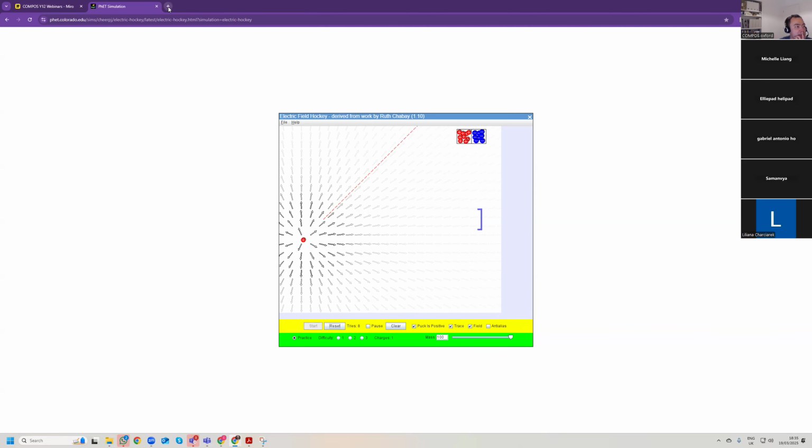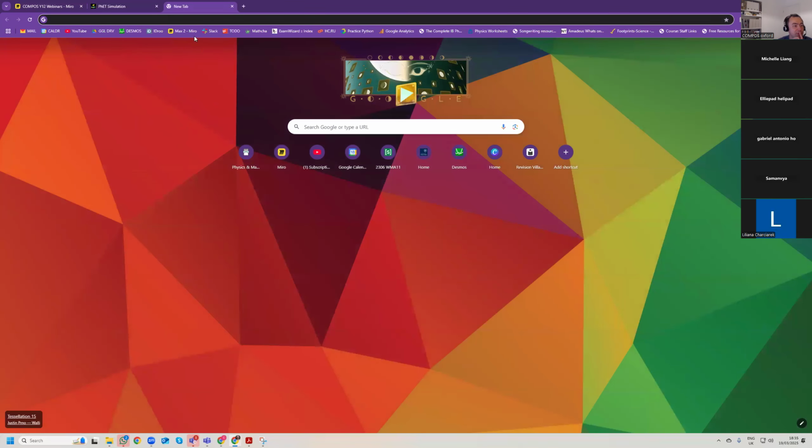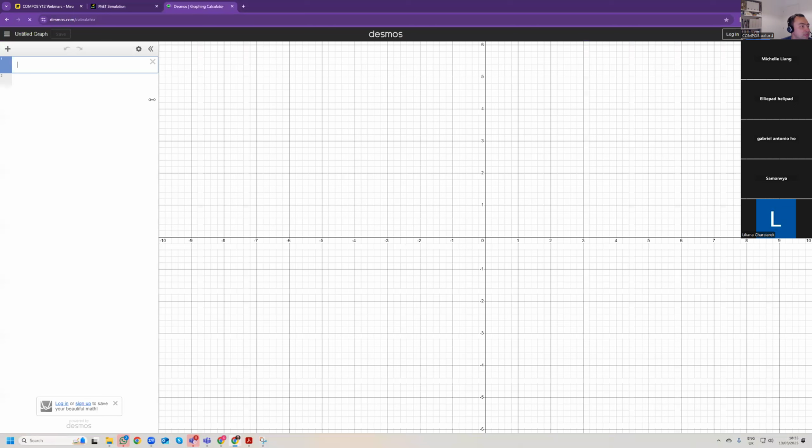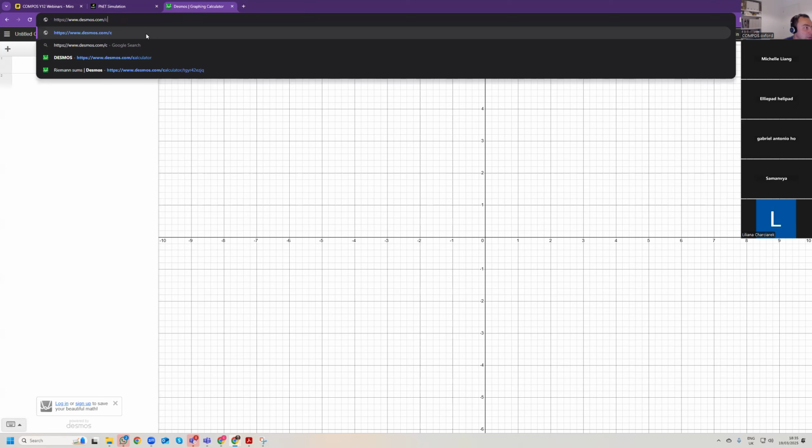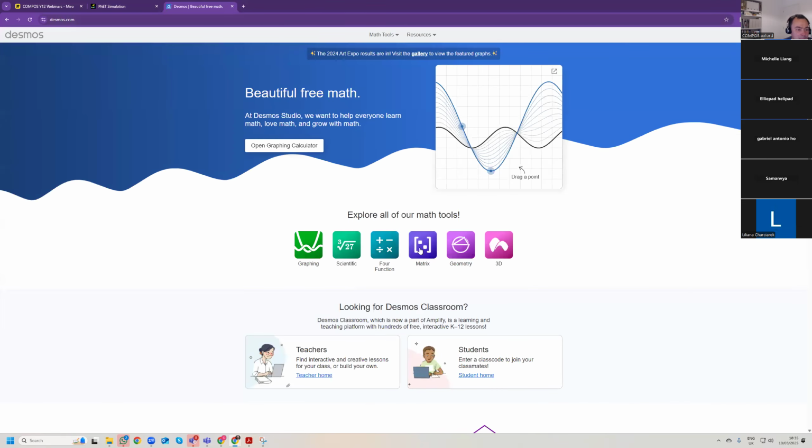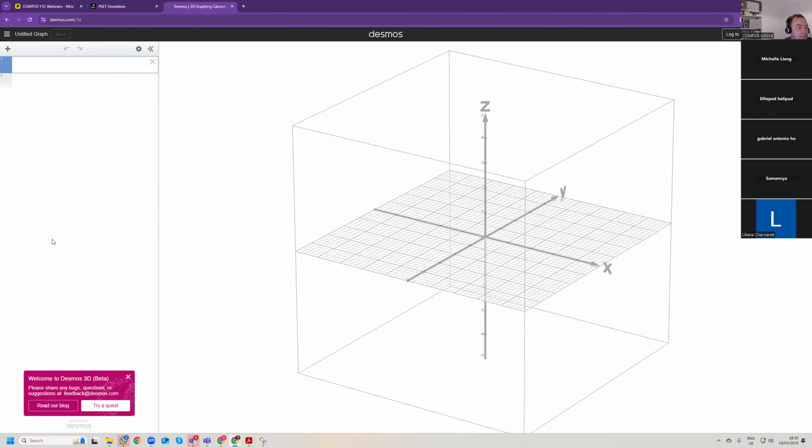It's something like this. Does Desmos do 3D? It must do 3D calculators. Desmos 3D. Lovely.